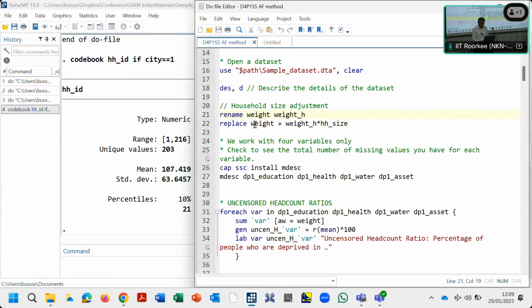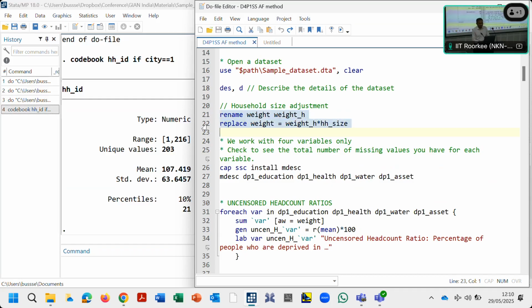And then I say generate, this could be generate actually. Oh, this has to be replaced. Okay, whatever. I'm replacing this original weight variable by household weight times household size. So my new weight variable is going to be the household weight times the household size, so that our estimates will be represented at the population level.